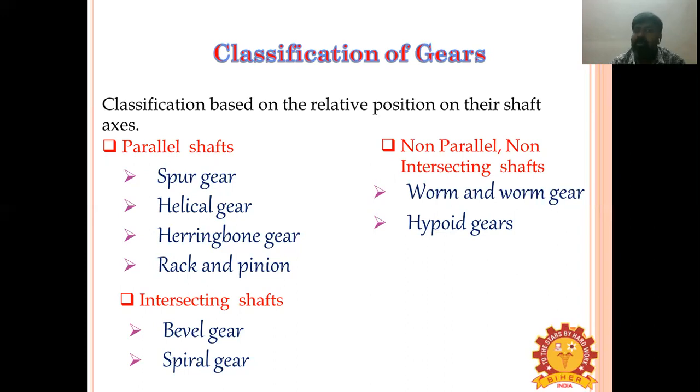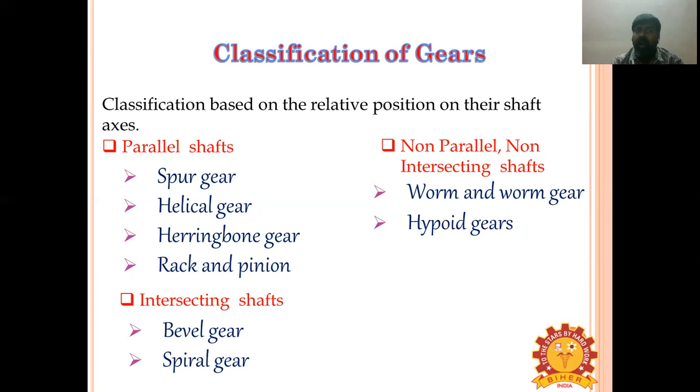Classification based on the relative motion of the shaft is of two types: one is simple gears, and the other is planetary gears. In differentials also, we use some gears. The third one is classification based on peripheral speed: low velocity gears, medium velocity gears, and high velocity gears.